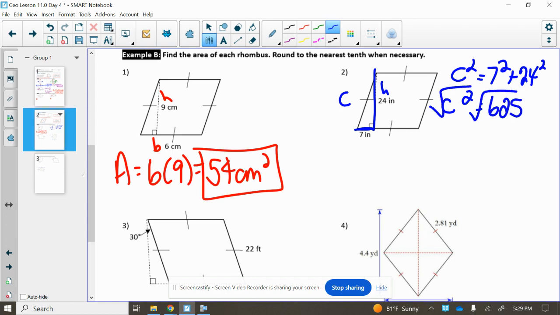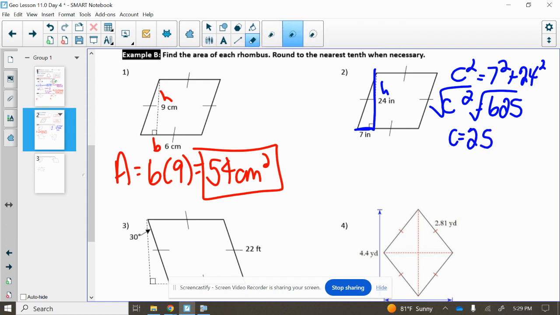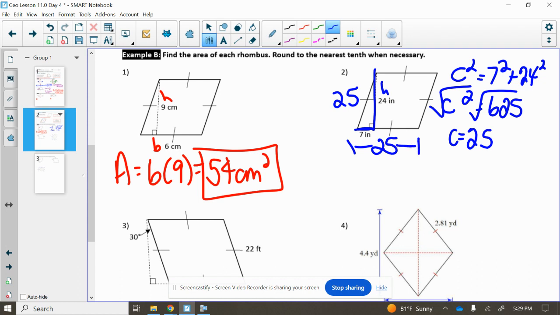And when we square root, our side length this time is 25. So that ends up being our base because we know all the way around these four sides are all 25, aka that is our base. So when we calculate area, it's that base times the height, we end up with a total area of 600 square inches this time.